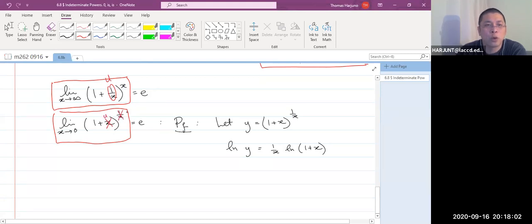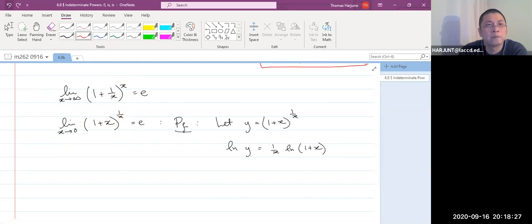This becomes 1 over u, this becomes 1 over x, which is our u, that becomes 0. To be more precise, that's 0 positive. Now what I want to show you is that these two formulas on the top and the bottom here are actually equivalent.